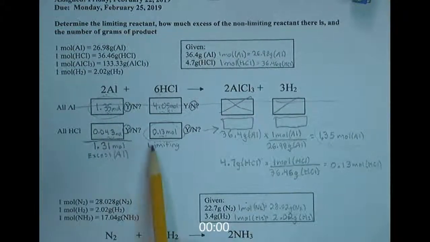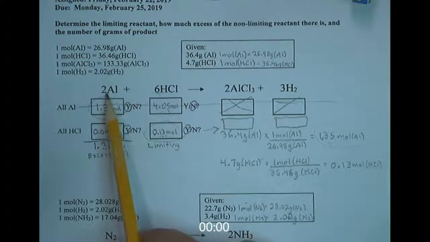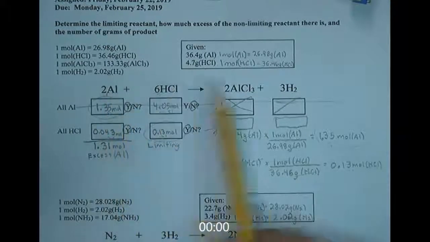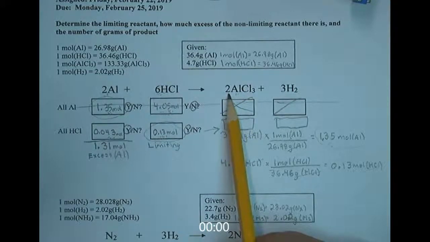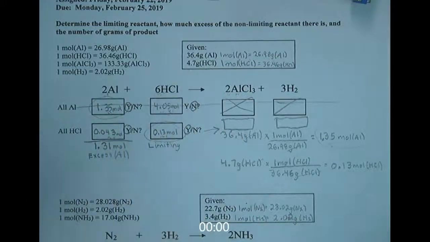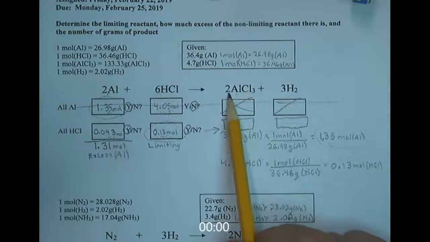So how do you determine this? And this is actually not very hard. What it's saying is that for every 2 moles of aluminum we burn, we're going to get 2 moles of aluminum chloride. And what that means is it's a 1-to-1 relationship. Okay, I hope you understand that concept of ratios, 1-to-1. 2 to 2 is the same as 1-to-1. For every mole of this you burn or react, you get 1 mole of this.